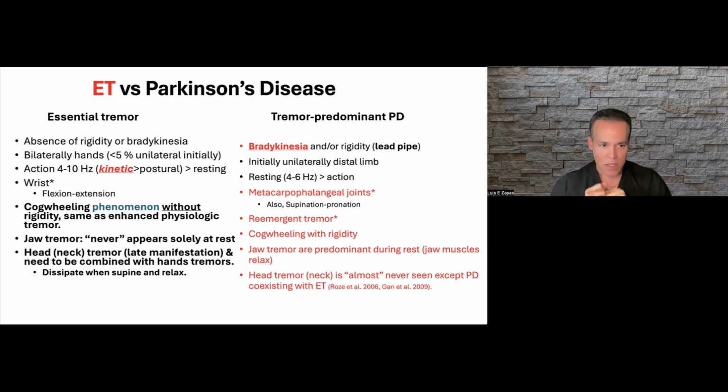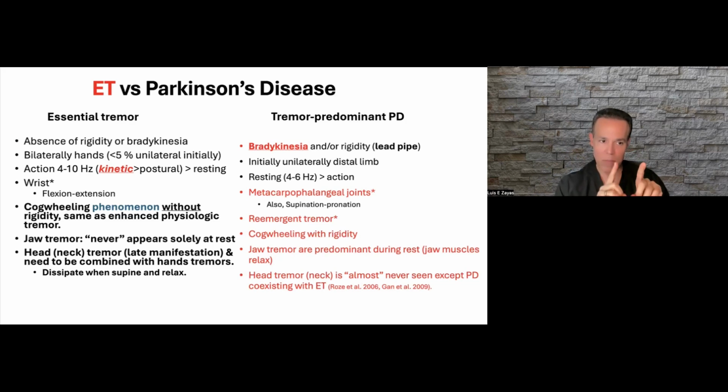Now, jaw. The jaw tremor might help you significantly. Why is that? Because jaw tremor in the setting of essential tremor never appears only at rest. If you have jaw tremor when your mouth is closed and relaxed, no contraction, then this is not essential tremor, because this most likely is Parkinsonian tremor, okay?